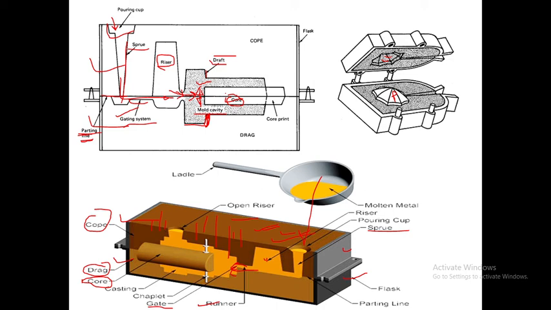Some of the most common types of casting sand used in foundries are green sand, natural sand, synthetic sand, oil-bonded sand, core sand, sodium silicate, and baked binder sands. Most sand casting operations use silica sand.